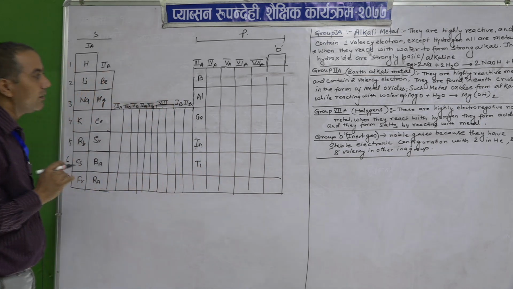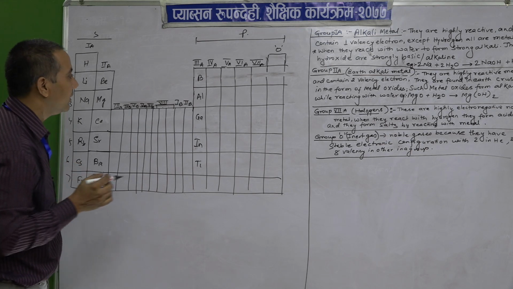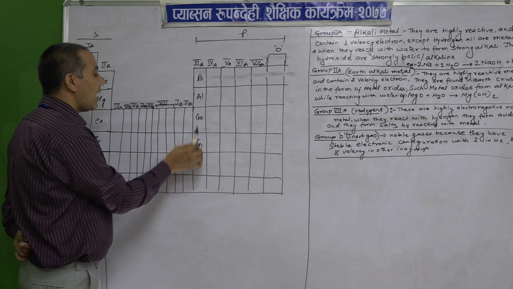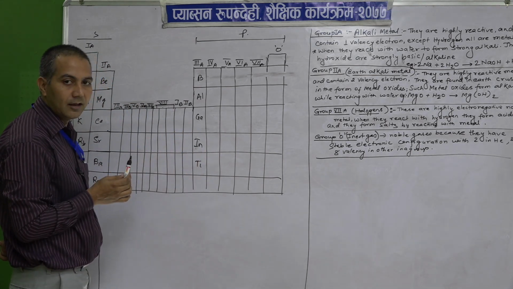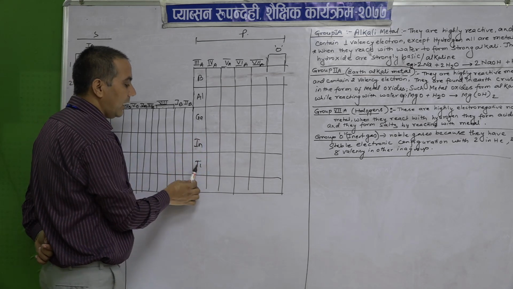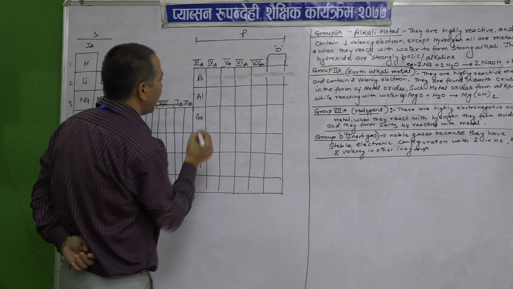I have not written the short form, but what we said yesterday was Boal, Ganga, Indu and Tika. We can also write the elements here without saying it.